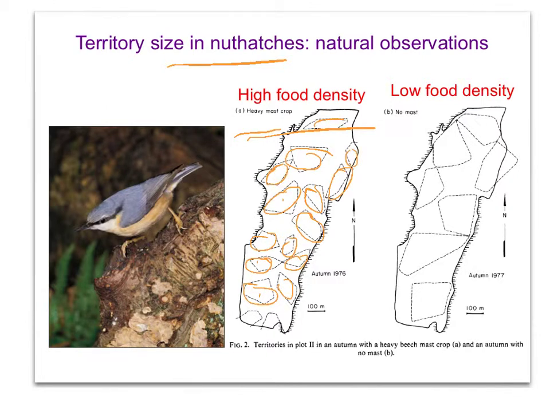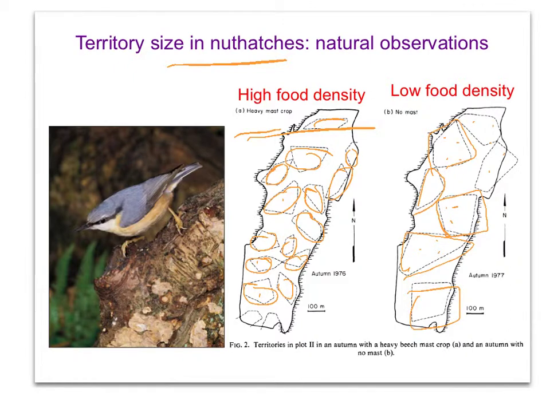Right? But when food density is low, they might have to occupy a much larger territory. And why is that? Well, if food is more scarce or sparsely spaced, you need a larger territory in order to gain access to enough resources for your survival, growth, and reproduction.